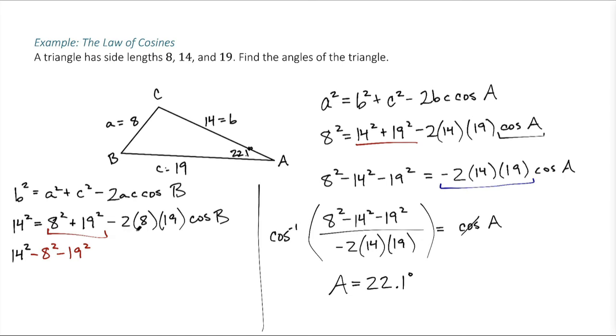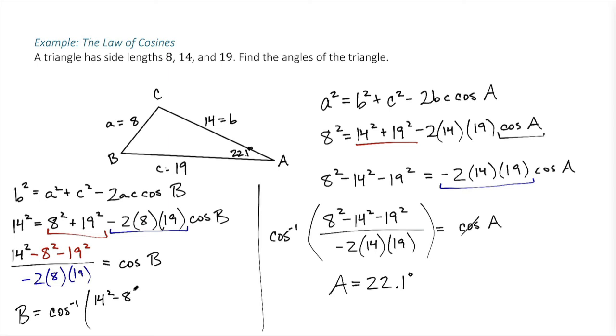And then we're going to divide by these numbers here. So over negative 2 times 8 times 19. And this is equal to the cosine of B. And so then we can take the inverse cosine to get our angle B. So angle B is the inverse cosine of that expression.